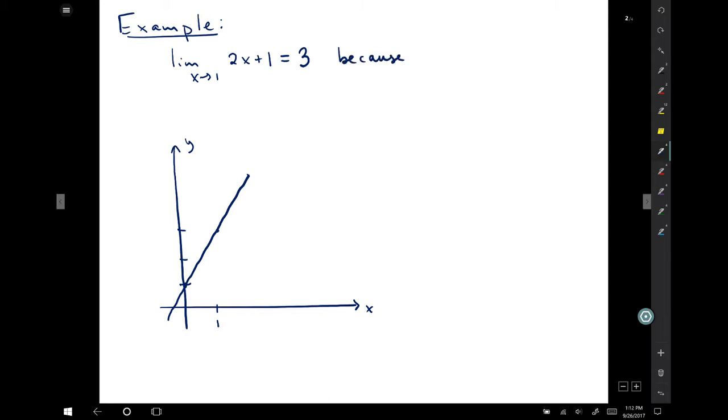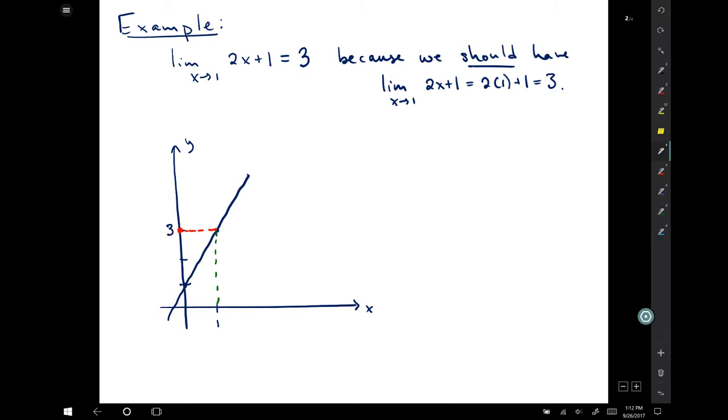So we should have the limit as x goes to 1 of 2x plus 1 equal to 2 times 1 plus 1, which is 3. And we can verify this visually on the graph if we plug in x equals 1 and we go over to the line, and then we map that over to its y value. Yep, it looks like when I plug in 1, I end up getting y equals 3.